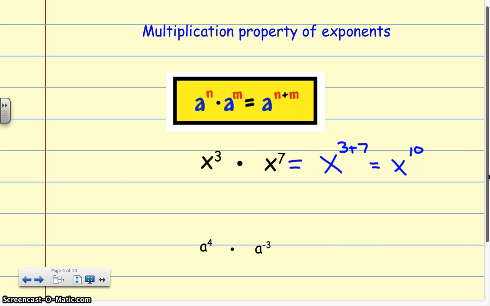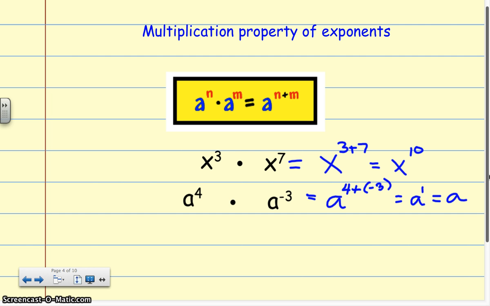Okay? A to the 4th times a to the negative 3 turns into a to the 4 plus negative 3, which is a to the 1st, which is just a. That's utilizing the multiplication property. That's all we're going to do.